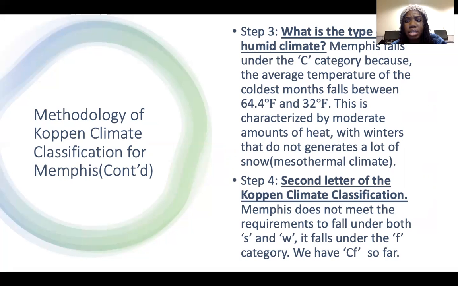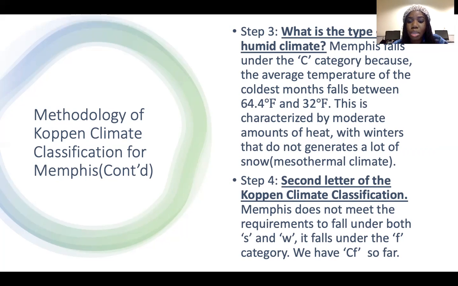The C humid climate is characterized by a moderate amount of heat with winters that do not generate a lot of snow. This is also known as a mesothermal climate. So now we've identified the first letter for the Köppen climate classification, which is C. C is the first letter for Memphis.